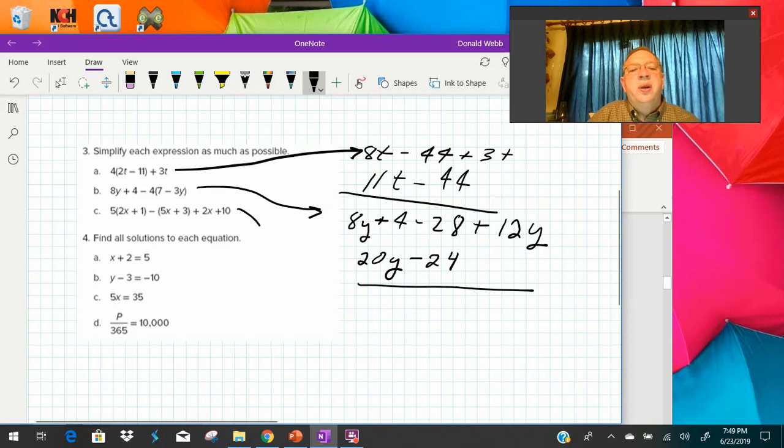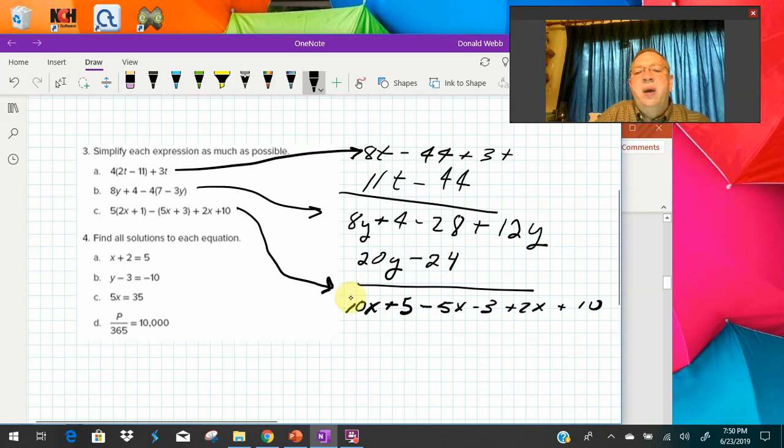So here I'm going to write down, I've got to do all of this expression. I can't just drop these parentheses with this negative sign. I've got to distribute there, and I've got to distribute. So this is, let's see if we take a look at this. So I've got 10x, the 5 times plus 1 is plus 5. Now I do the negative 5x, negative 3 plus 2x plus 10, and now I can combine.